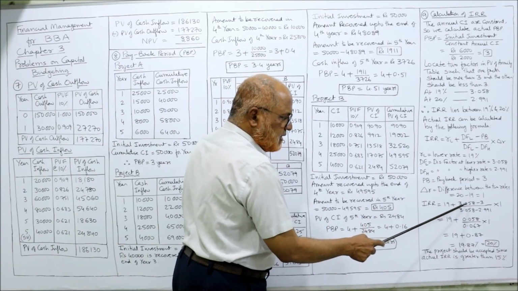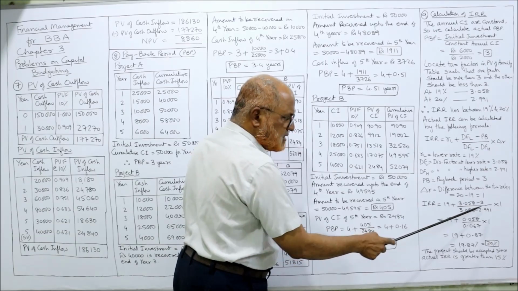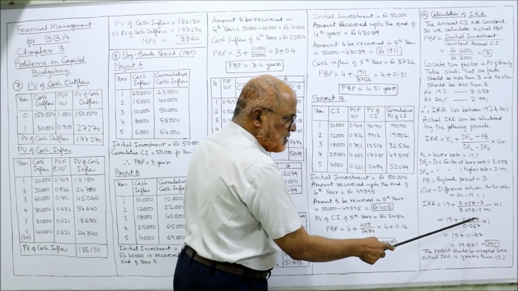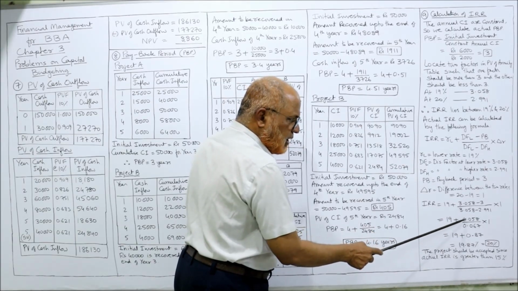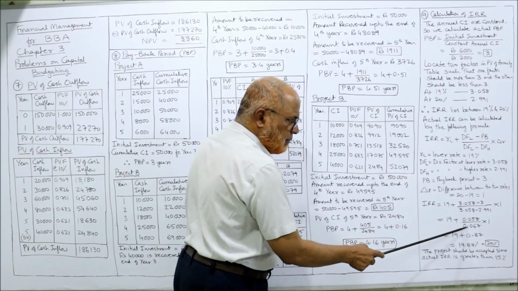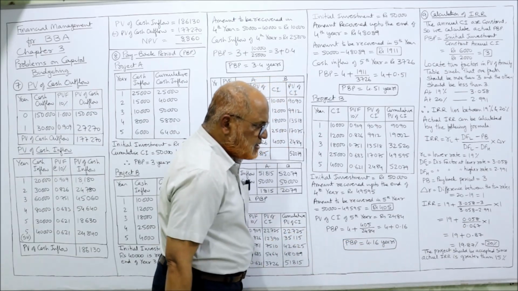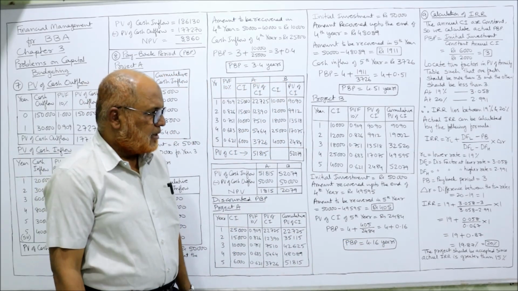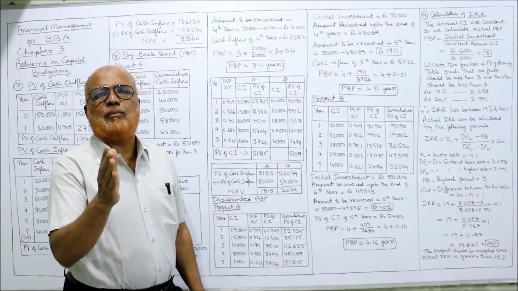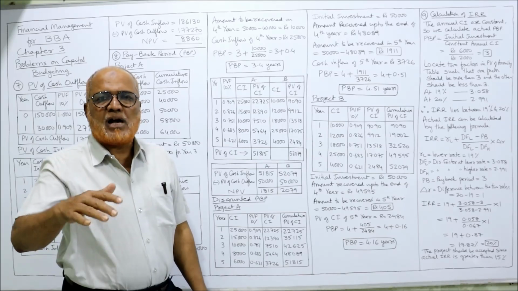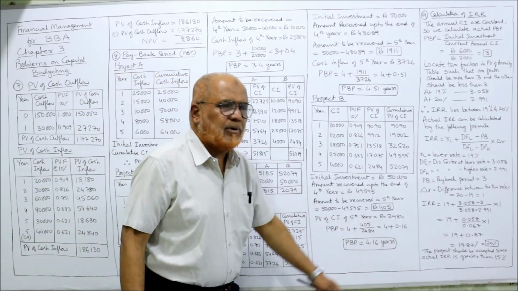If you subtract 3.058 minus 3, you get 0.058. Similarly, the denominator, if you subtract, you will get 0.067. Now divide 0.058 by 0.067, and you will get 0.87. So 19 plus 0.87 gives 19.87. It is approximately equal to 20%.